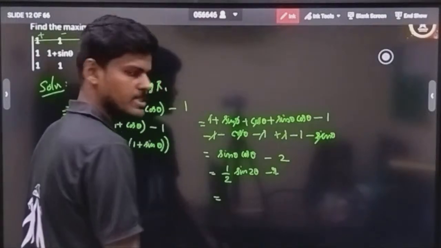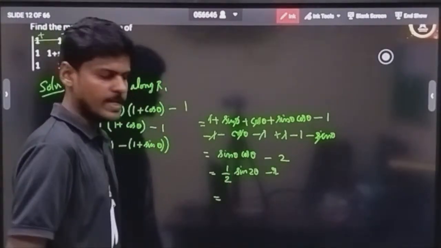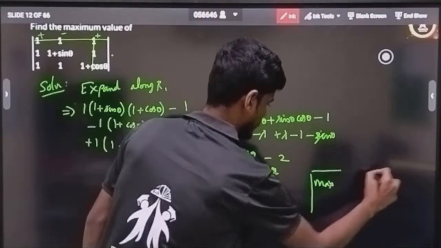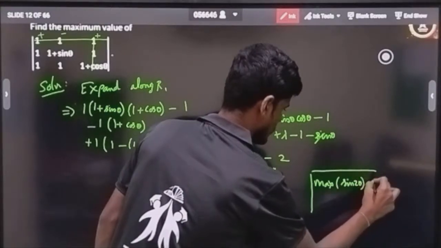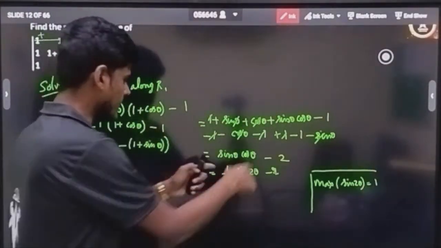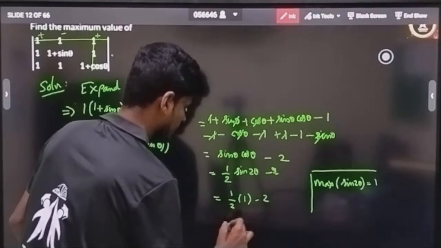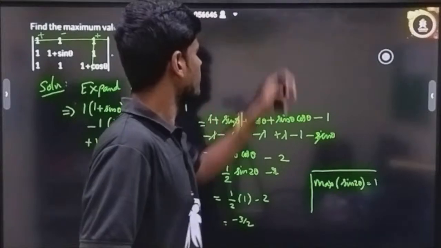What is the maximum value of this? The maximum will be when sin 2 theta is maximum, and the maximum of sin 2 theta is 1. Therefore the final answer will be half into 1 minus 2, that will be minus 3 by 2. So the final answer is this one.